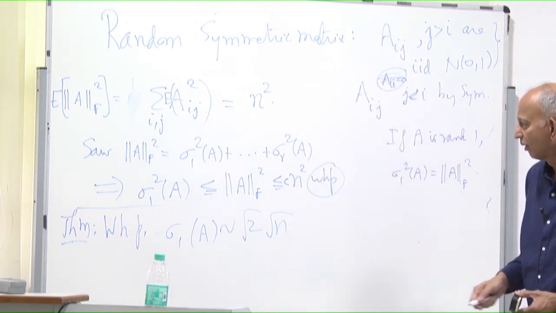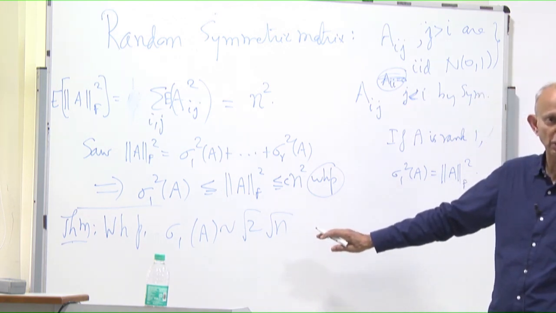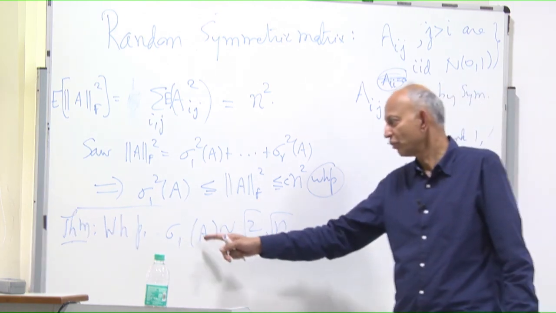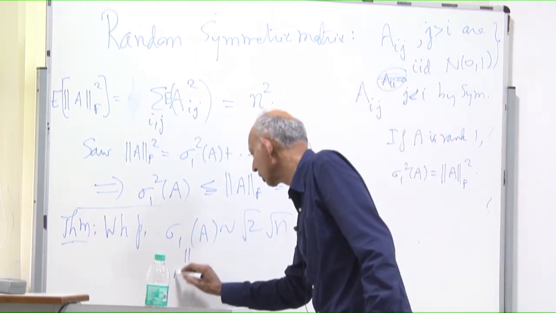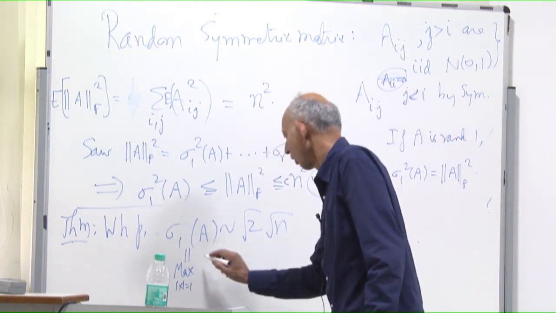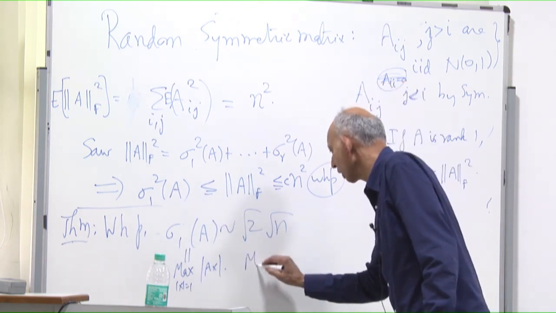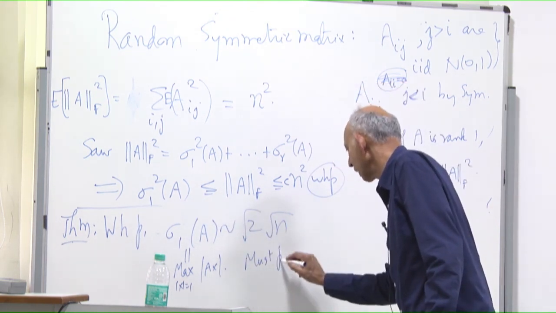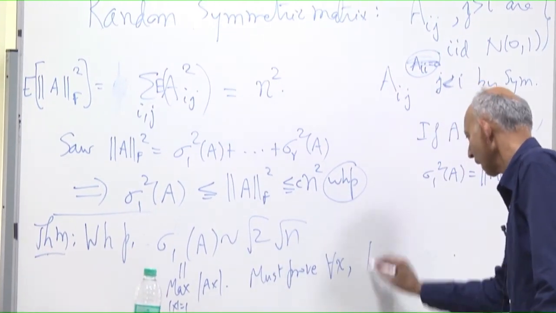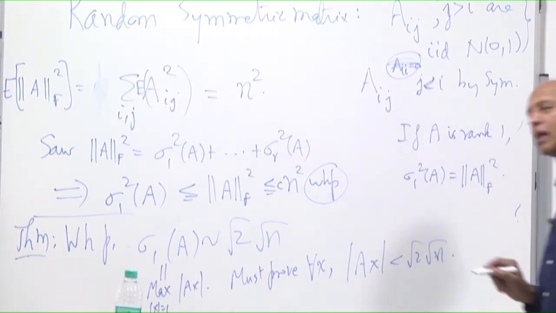Okay. Now, what's nice about this is that it's hard to prove. I'm not going to prove it here, right? The reason it's hard to prove is that sigma 1 is the max over all x of the length of Ax. So to prove this, you must prove for every one of these infinitely many x that the length of Ax is less than root 2 root n.